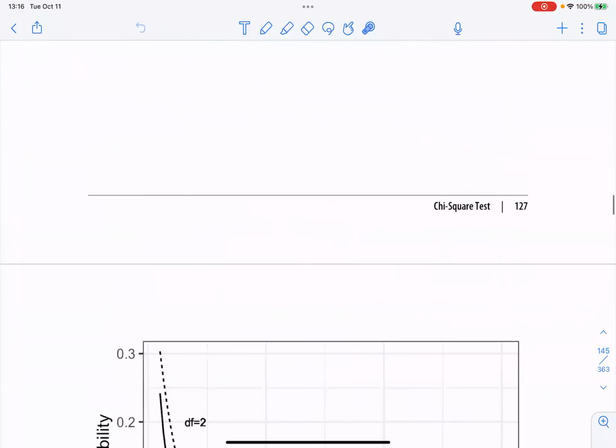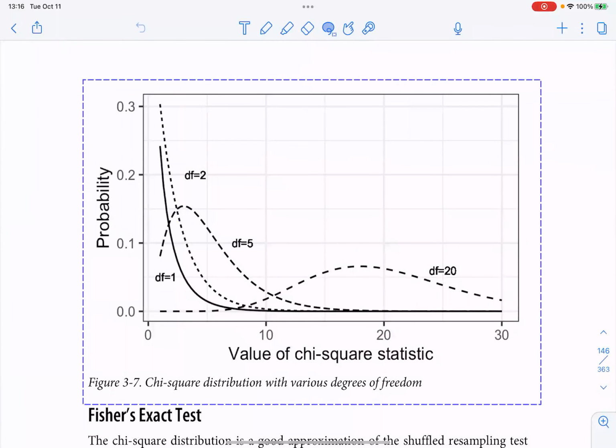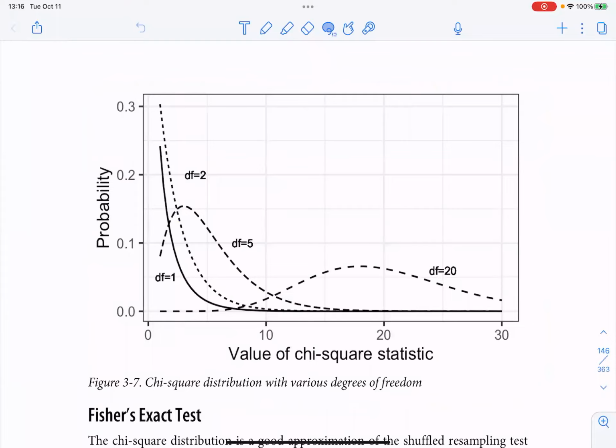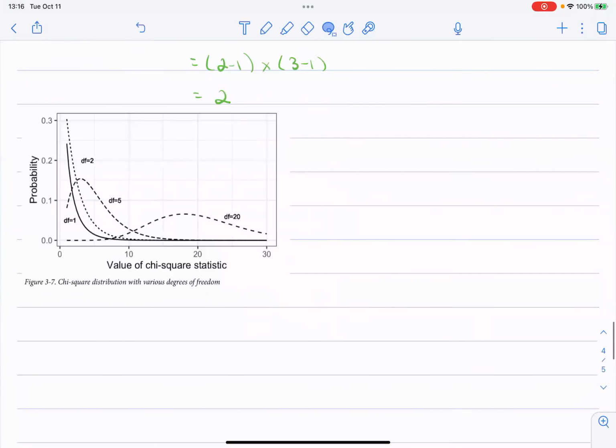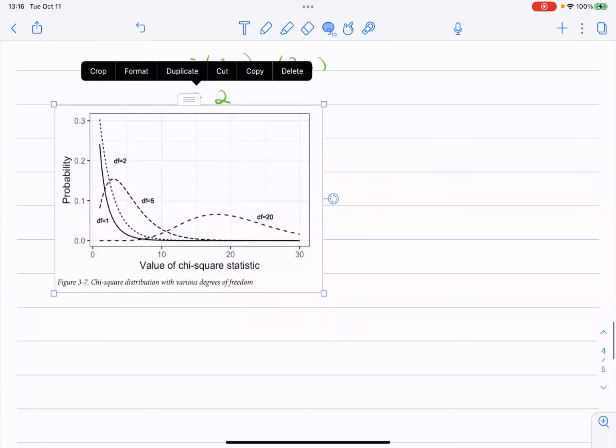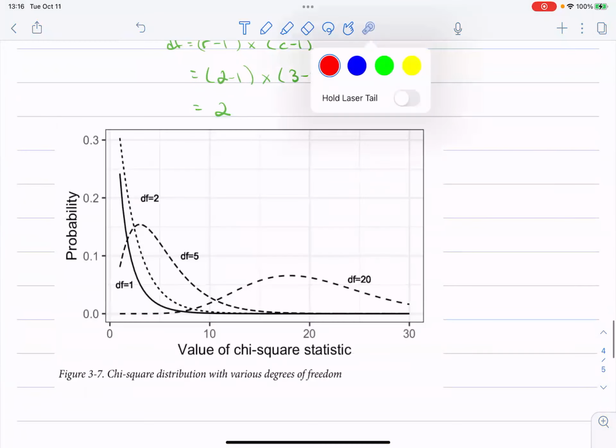So here's an example of a couple of different chi-squared curves, right? Depending on what your degrees of freedom are, if you have 2 degrees of freedom, then you're on this tight dotted line.